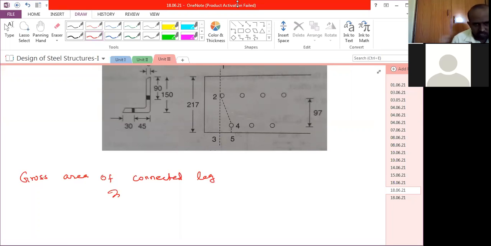So please tell me what is the connected leg here. This leg will be the connected leg, and this leg will be the outstanding leg. So what is the area of the connected leg? It is 150 minus the thickness, 10 by 2, which needs to be reduced.